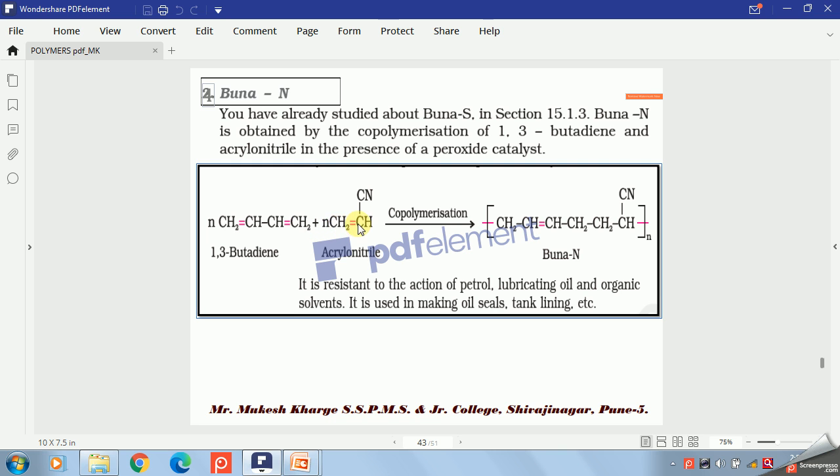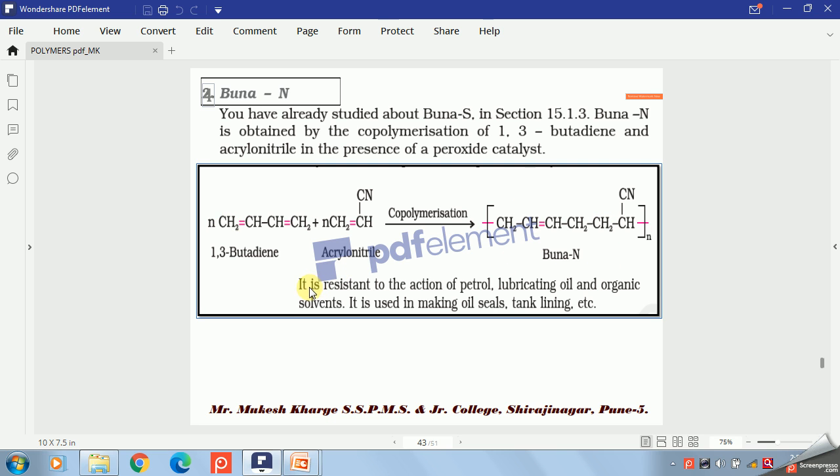When it forms a bond with this, this carbon becomes pentavalent. So the double bond between this CH2 and CH is used for the next bond formation with again the CH2 group of a second molecule of 1,3-butadiene. In this way there is chain elongation and we get Buna N.